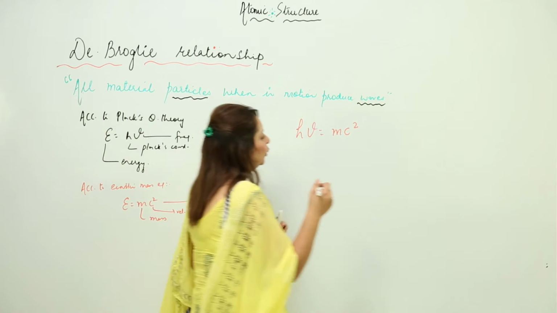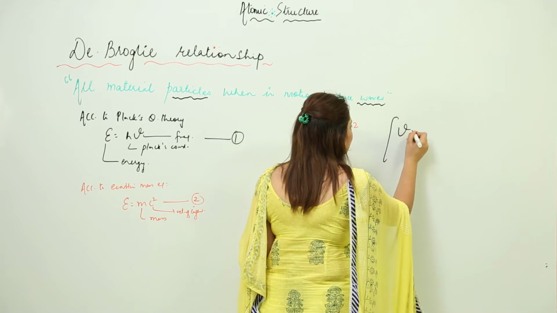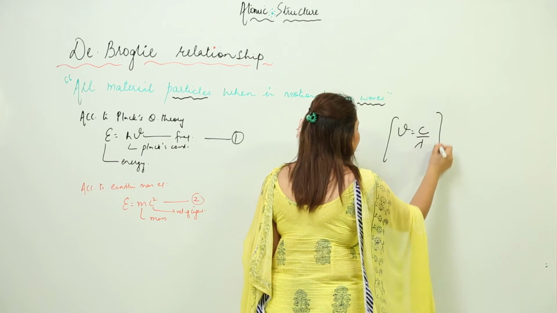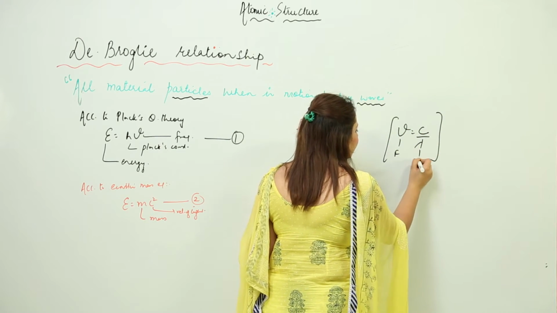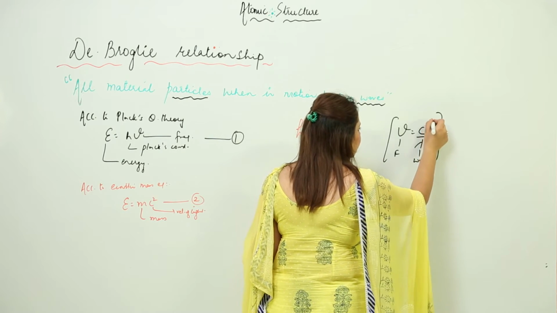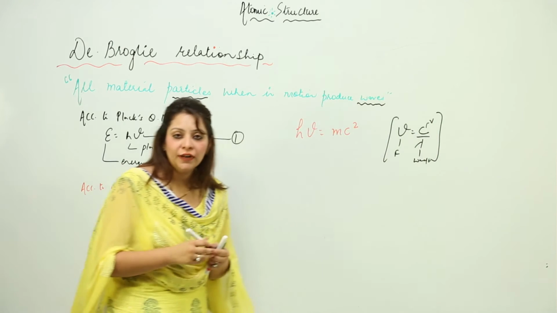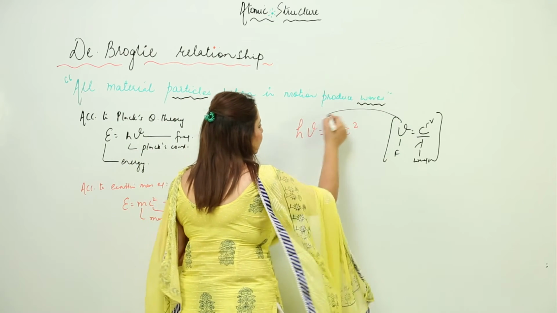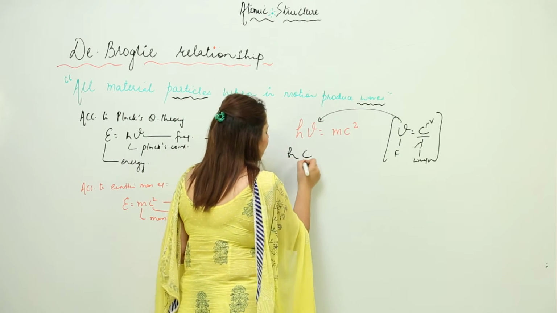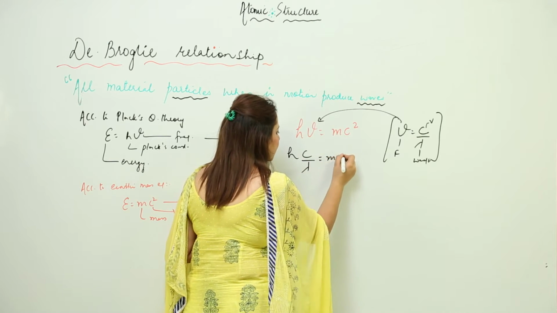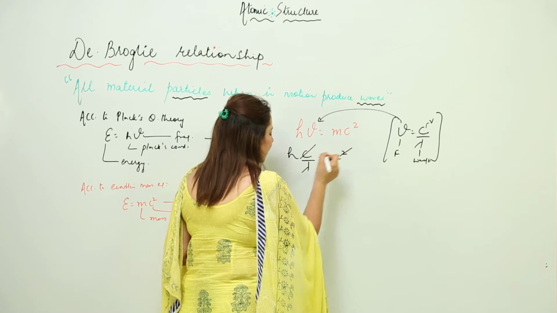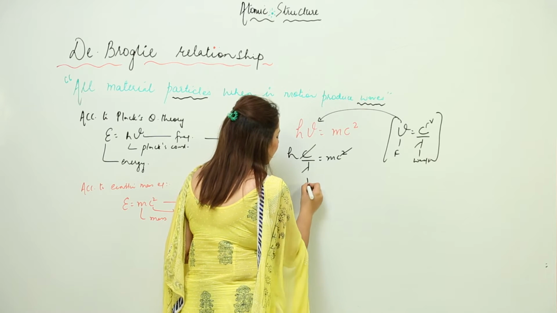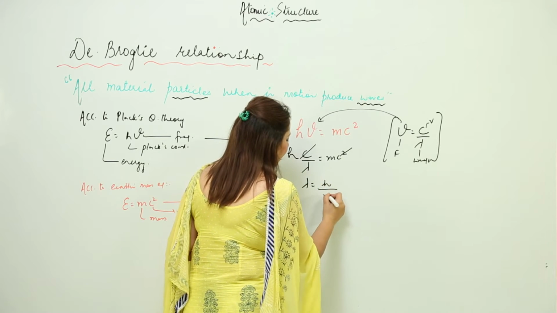Now as we know, nu is equal to c over lambda, the relationship between the frequency, the wavelength and the velocity. By substituting this value of nu, we get hc over lambda is equal to mc square, c cancels c, and we get lambda is equal to h over mc.